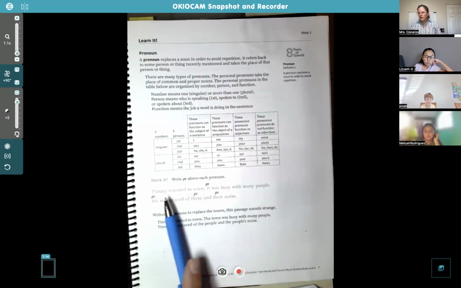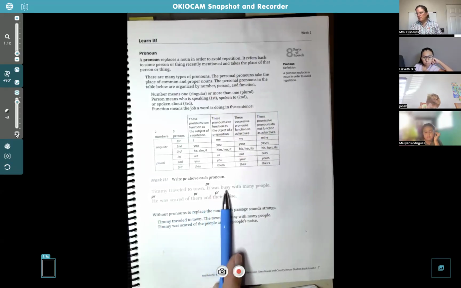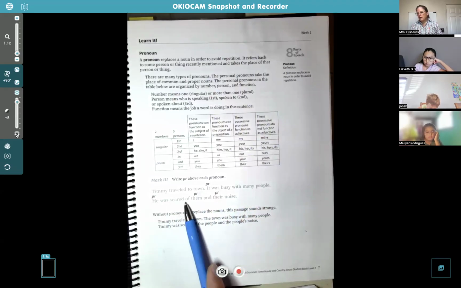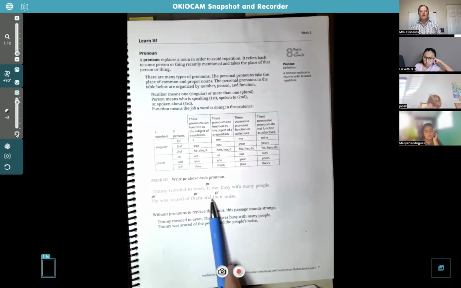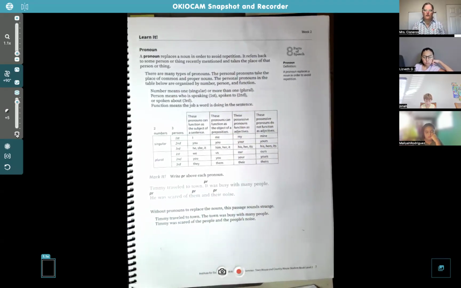So the examples here: Timmy traveled to town. It, that's pronoun, was busy with many people. He, pronoun, was scared of them, pronoun, and their, pronoun, noise. So there are 4 pronouns in those sentences right there. And all you're going to do is put PR on the pronouns.